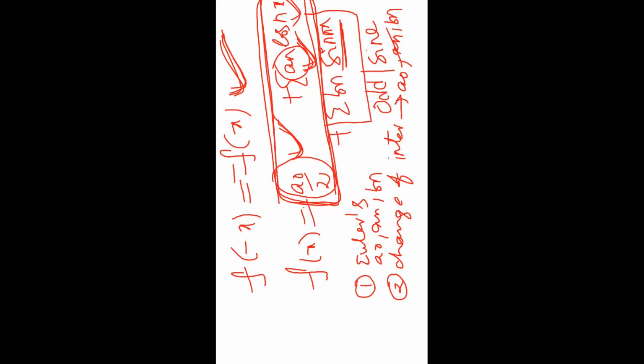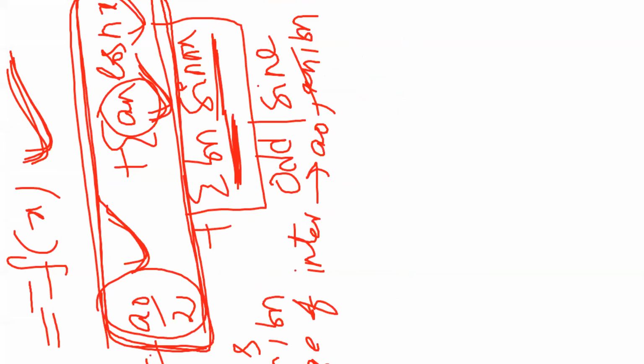So finding only the bn value is a short answer question. Full range, finding a naught by 2, an, bn, is an essay question, and even or odd also essay, and half range series also essay question. Finding only the bn value is like a short answer. Okay, so let's go to problems.